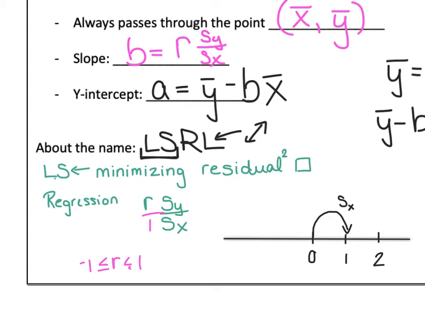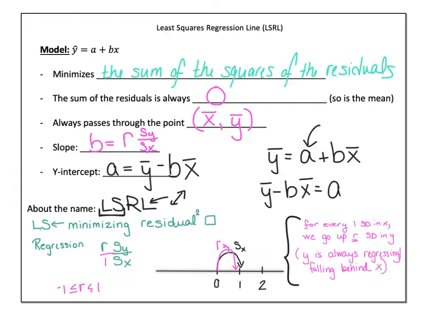So therefore, as I go up 1 unit in standard deviation in x's, I'm going up r standard deviation of y. It's falling a little bit behind because r is going to be less than 1. So I've kind of stated that over here. For every 1 standard deviation in x, we go up r standard deviations in y. So y is always regressing or falling behind x. So that should help you see where all parts of the name least square regression line comes from.